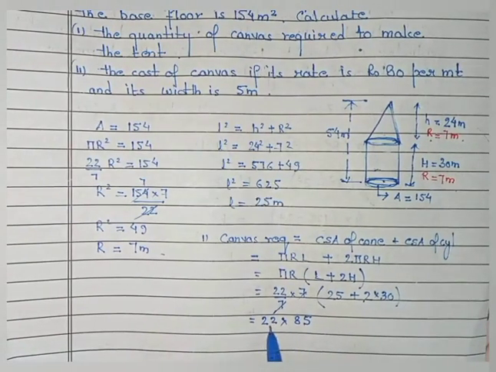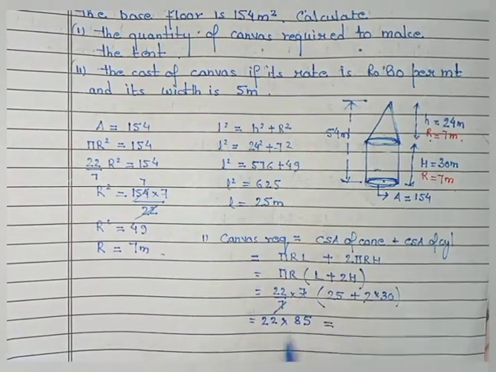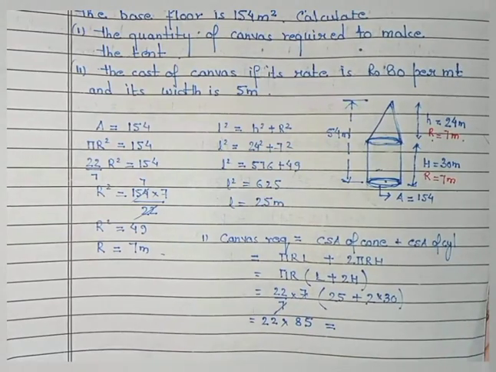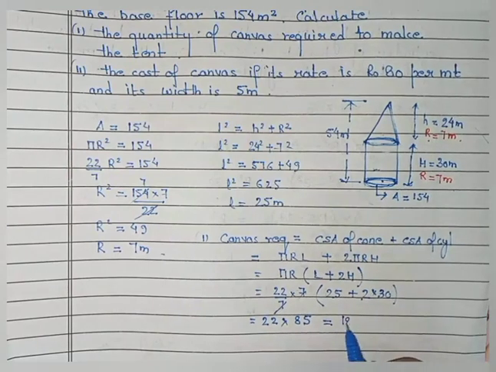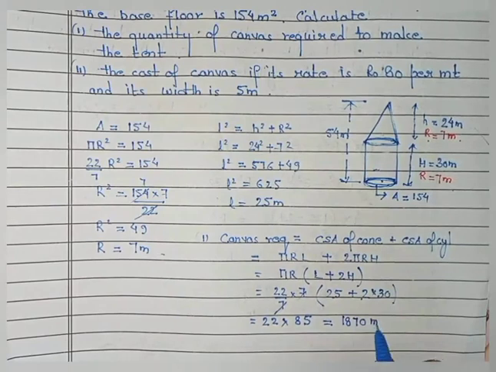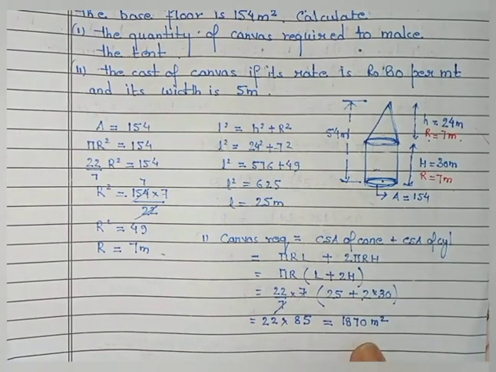So 22 multiplied by 85 will give us 1870 meters square. So that's the area of the canvas required.